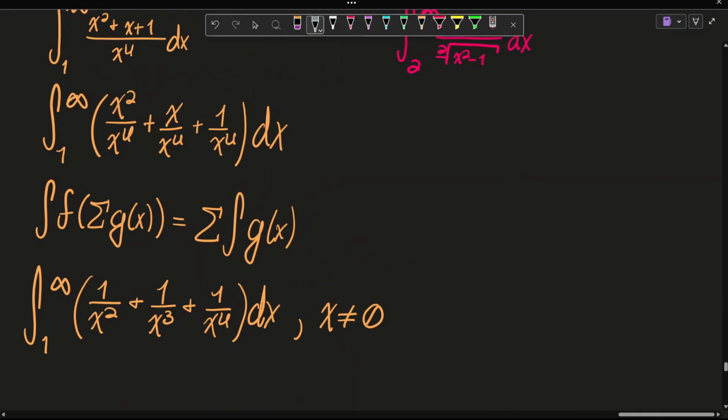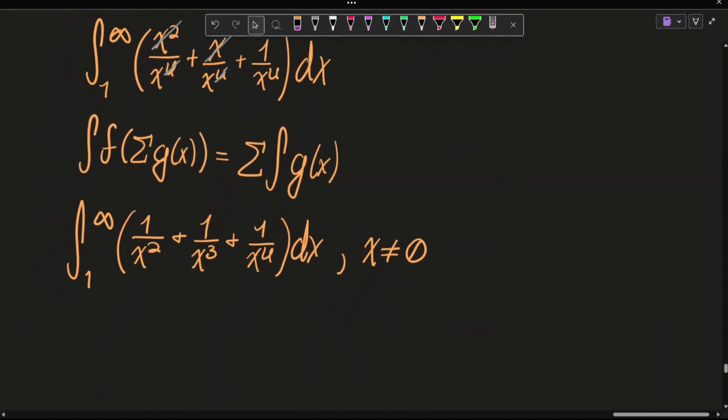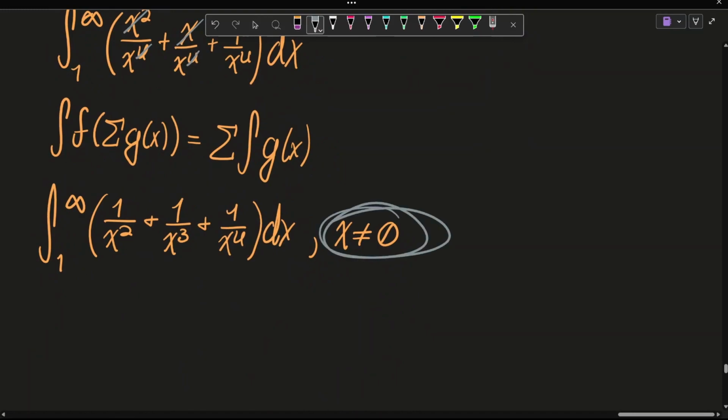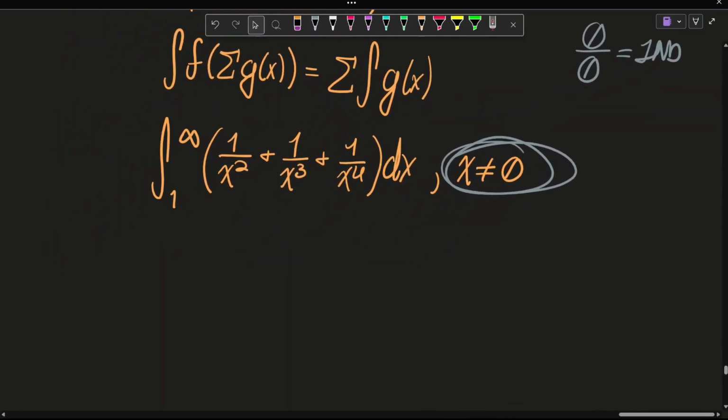Why do we say that? Because we have the x values canceling out here. So when we solve, we always need to say that x cannot equal 0, because then we get the term 0 over 0, which is an indeterminate form. Now what does that mean for us? Well, since we're evaluating from 1 to infinity, it means nothing for us. But if this had been from negative 1 to infinity, then you'd break up the bounds. But since 0 is not included, we're fine.